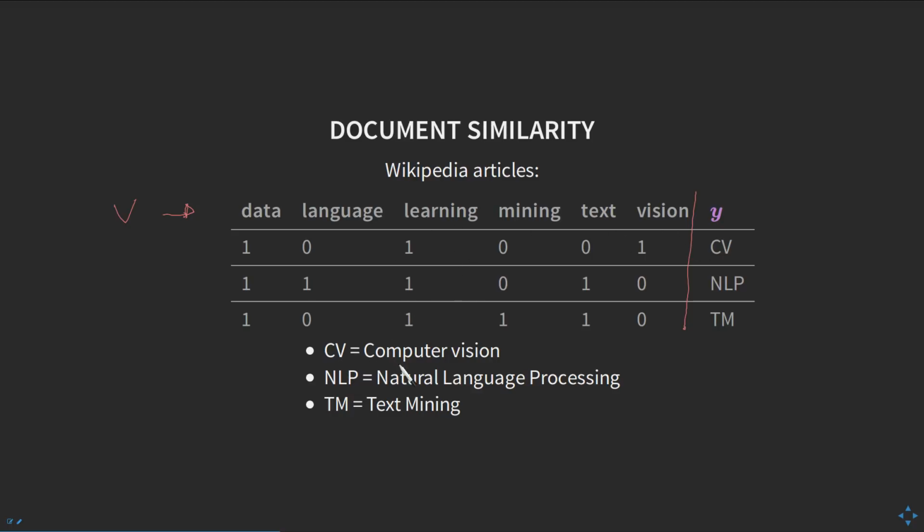So you can see here we have computer vision, natural language processing, and text mining. So X will be this matrix, which you can sort of fill in yourself. Then Y will be CV, etc. And this will be V.